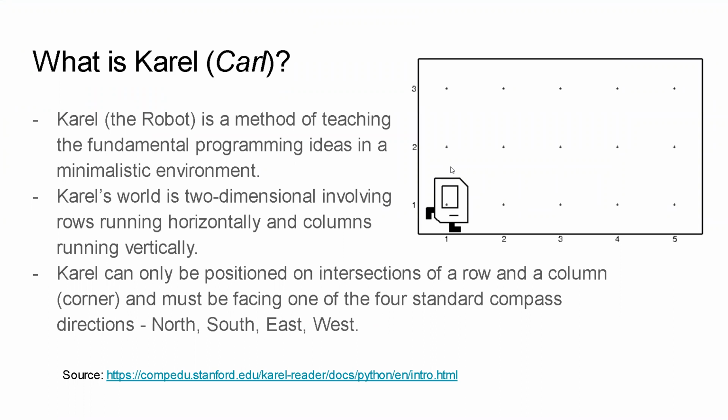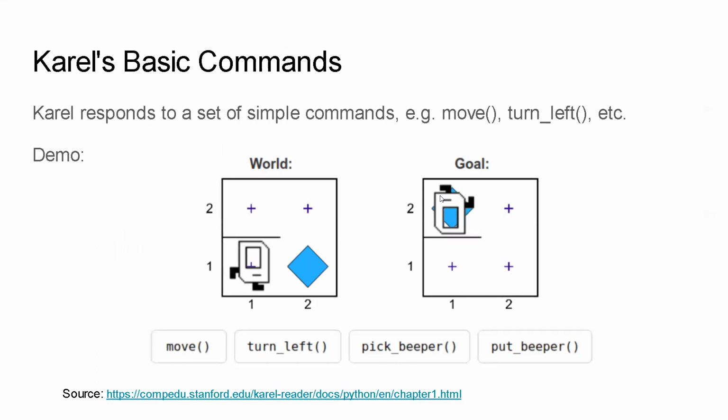If it needs to move backward, it has to turn around first and then move. So it has its own limitations. It could only move forward, so if you want to move backward, you need a series of commands to perform that action.